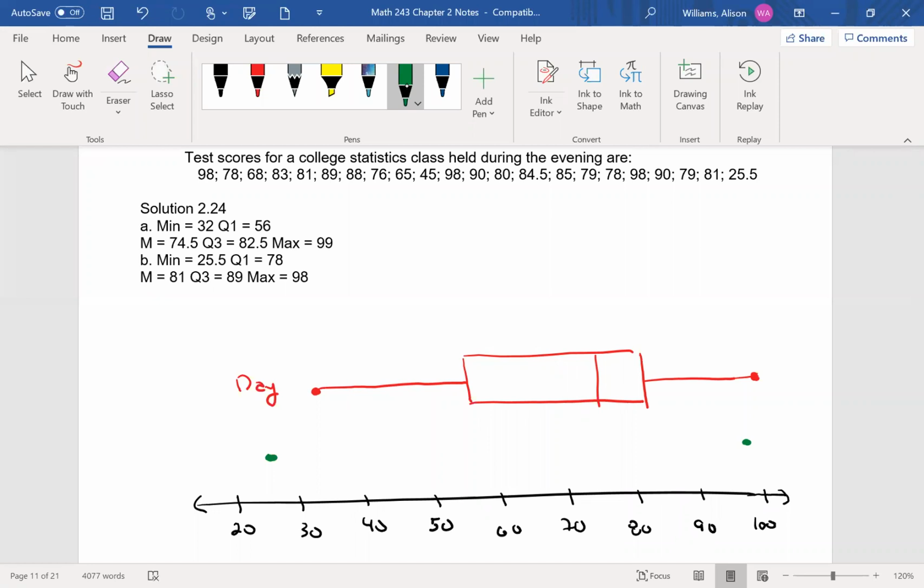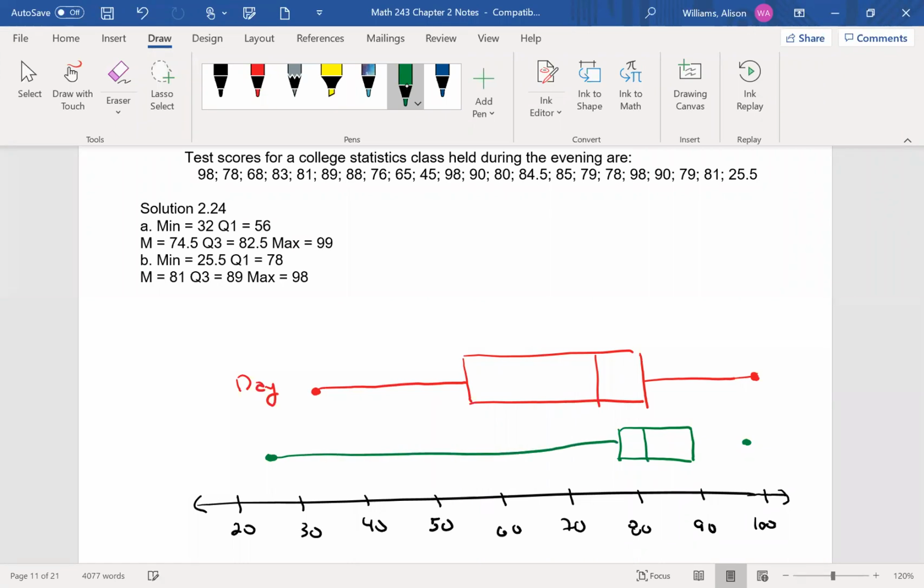So wow, the Q1 is way over here. Okay, wow. We can see that this data is definitely skewed. The top data is skewed too, but this one's really skewed. 89 is Q3, so that's going right here. And then the median is 81, which is actually a little bit off center too.